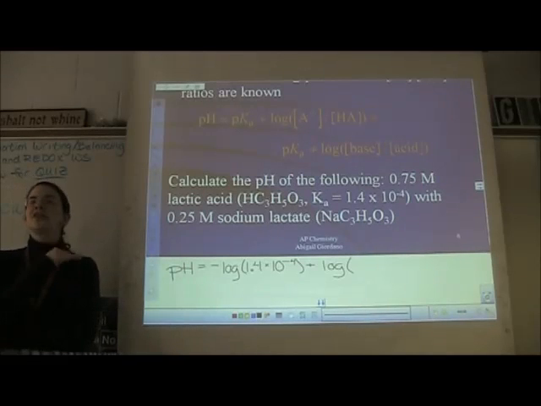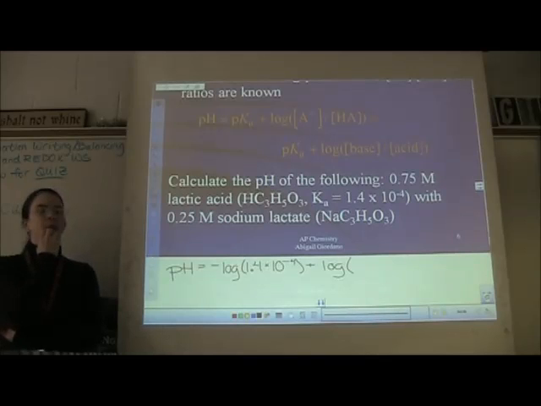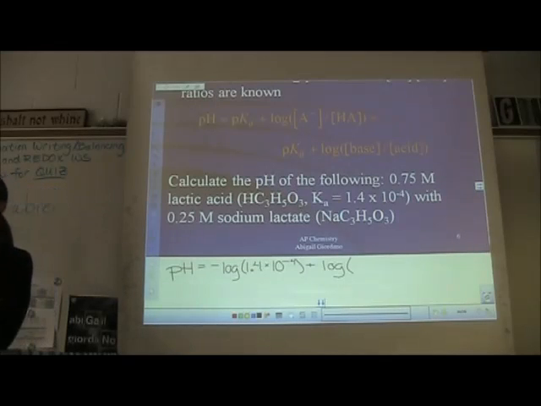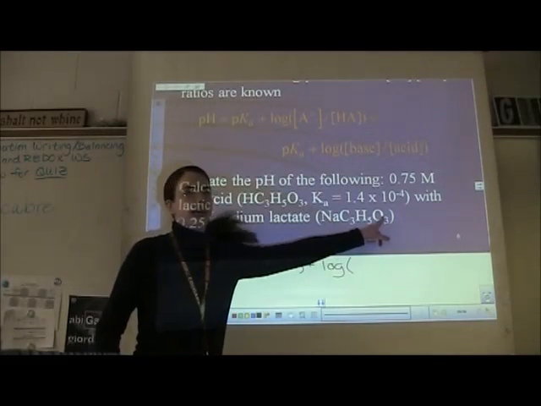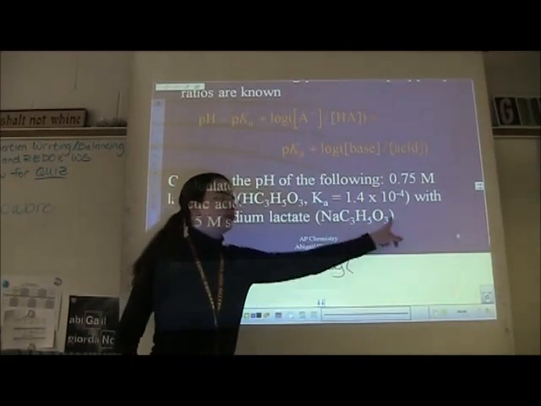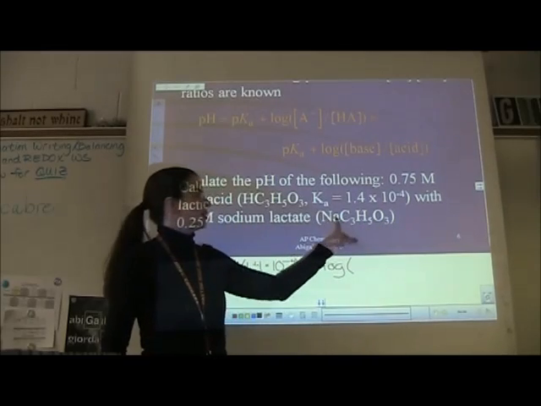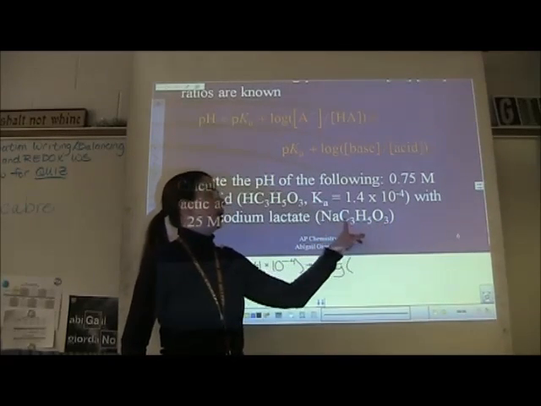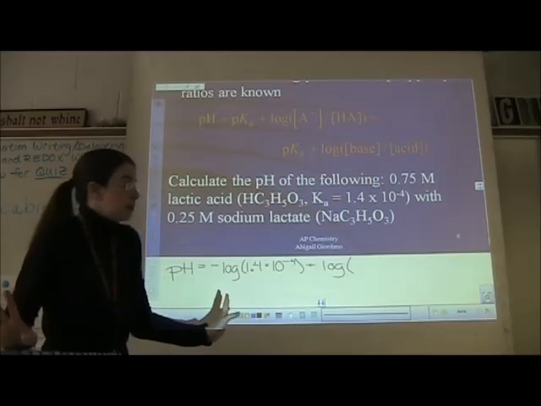I'm not asking you for a number. What is the base in this situation? Be careful how you answer. Lactate. Not sodium lactate. This is a salt. The base is just this ion. Now, it's a conjugate base, but it's a base nonetheless.